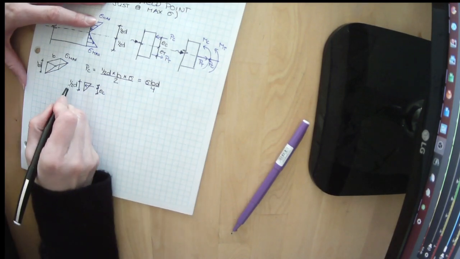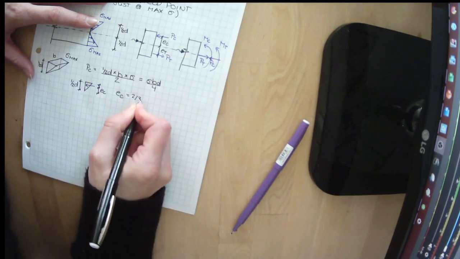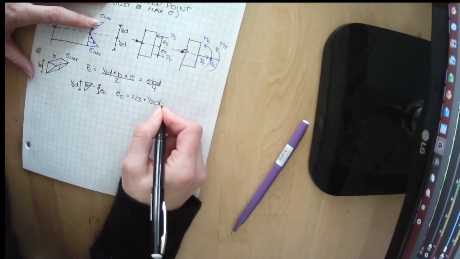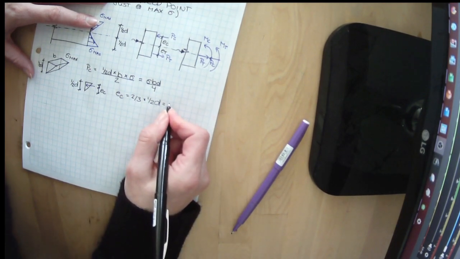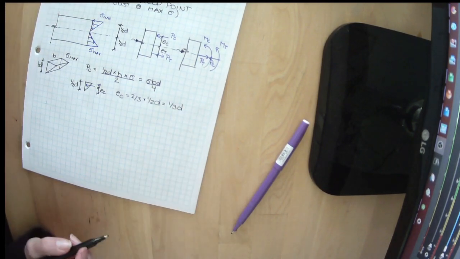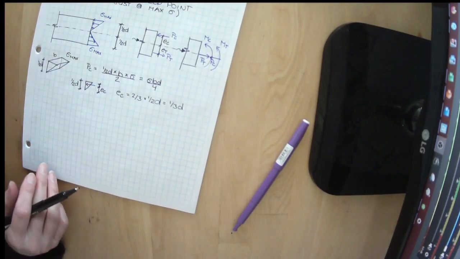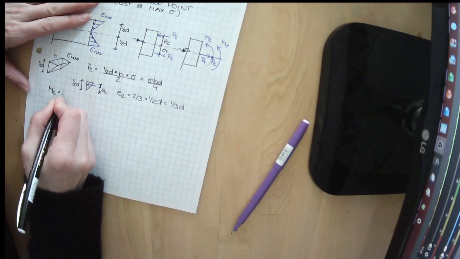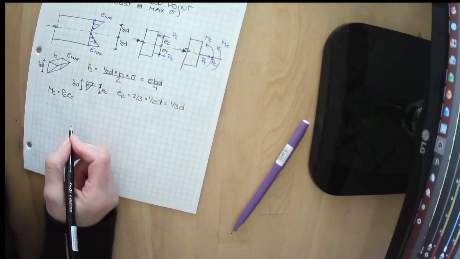It's 2/3 of 1/2 D. So EC equals 2/3 of 1/2 D. Or we have 2/6 D, which is 1/3 D. So we know what our force is, we know what our eccentricity of our force is, and we know that moment equals force times eccentricity. So we could calculate our moment now.